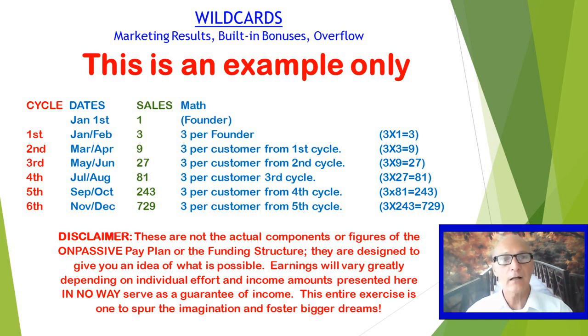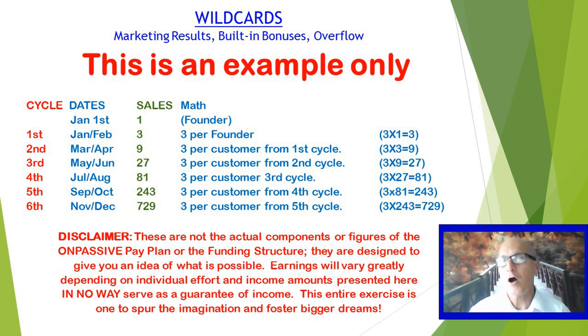So it's not a hard sell to understand that one founder by the end of the year, because that's what you're seeing up in the January 1st line, is that one founder. And then throughout all 6 of the cycles, they add up, 3 times 3 times 3 times 3, add them all up, 729, and that's what gives you at the end of the year 729.